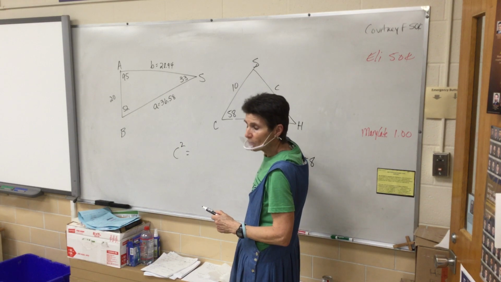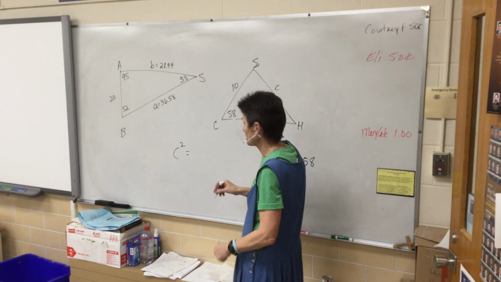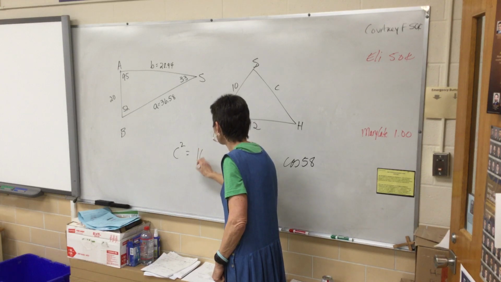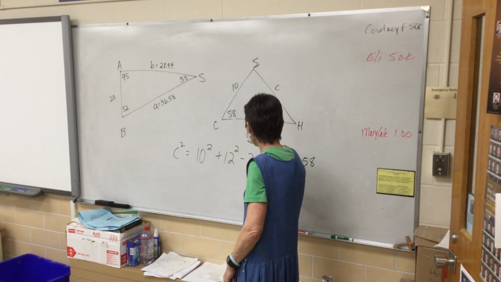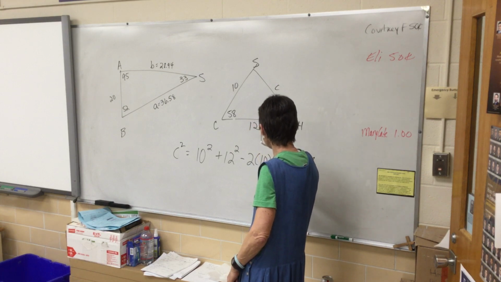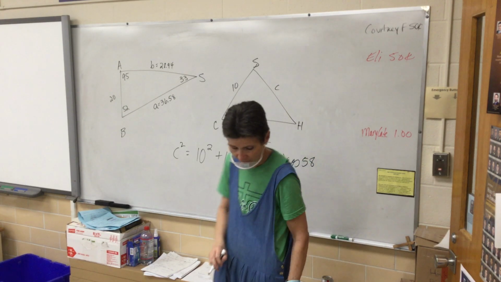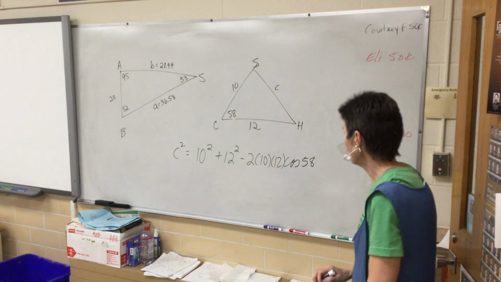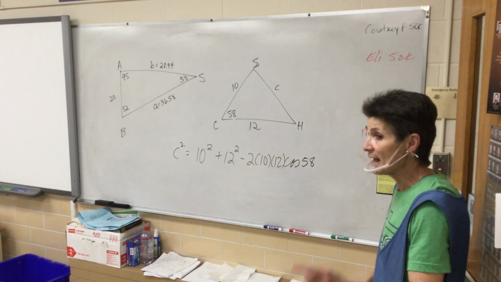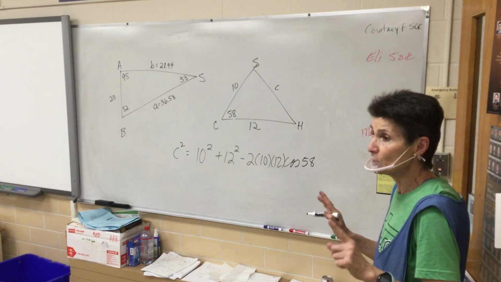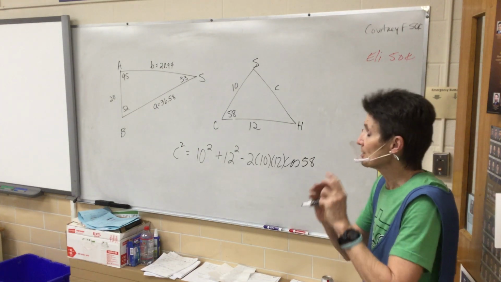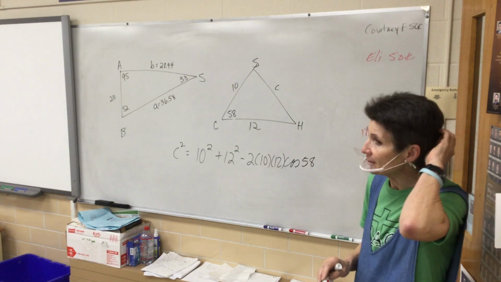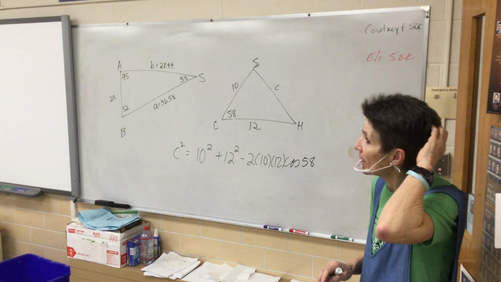It comes straight from the Pythagorean Theorem, and it looks like this: 10 squared plus 12 squared minus 2 times 10 times 12 times the cosine of 58. I told you the first time you looked at this, it would be scary looking. Don't be frightened. It's always set up exactly the same way.